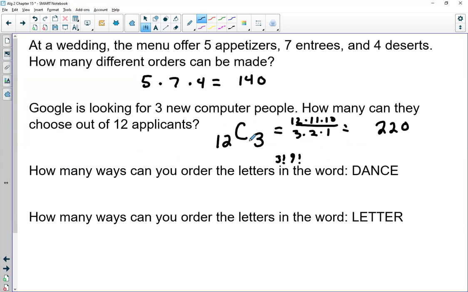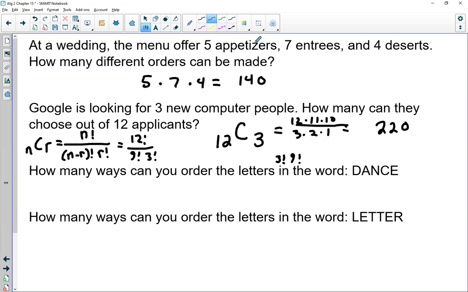So the original formula, N choose R, is N exclamation point over N minus R exclamation point, R exclamation point, which in this case is 12 exclamation point over 12 minus 3, or 9 exclamation point, 3 exclamation point.